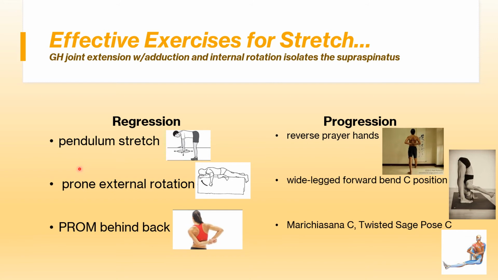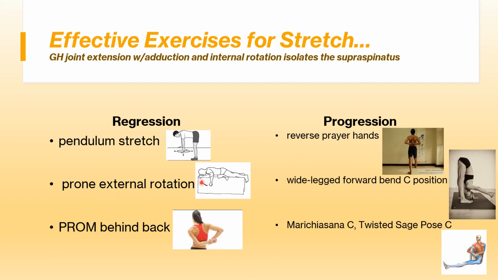or a supraspinatus strain. The pendulum stretch, you would take one hand and place it on a flat surface, and then the affected arm would essentially just hang, and you would sweep in a circular fashion, working circumduction of the shoulder joint. Another exercise would be prone external rotation.